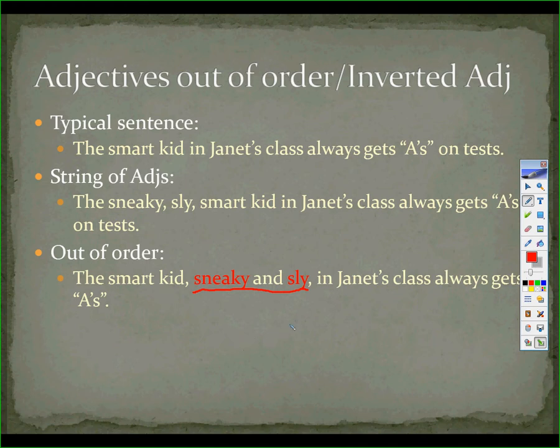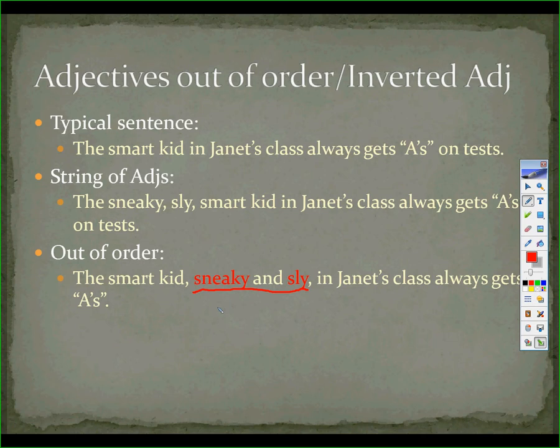We get the implication as we read on that the A's he gets are not necessarily because he studies hard, and obviously I'm using a he, but it could be a she, not because he's naturally intelligent, but because of some other factor. Obviously the implication is, even though it doesn't say it, he cheats or does things that are somewhat illicit.